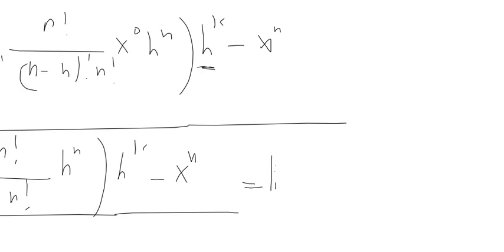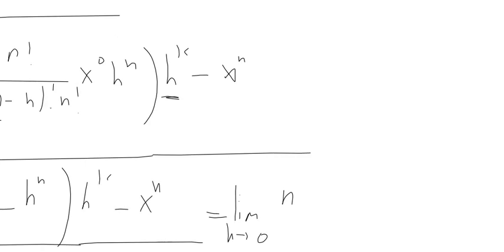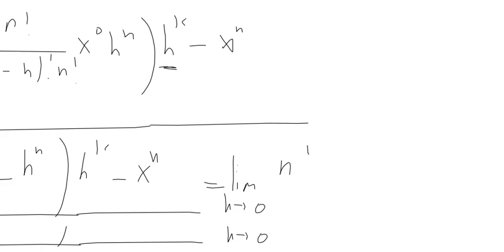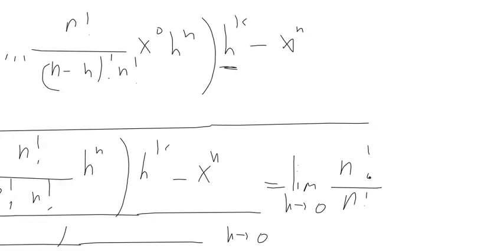N factorial over n factorial is 1, so we've gotten rid of the factorials because they've been divided out. So the factorials are gone, times x to the n.